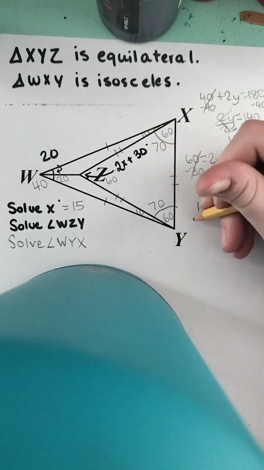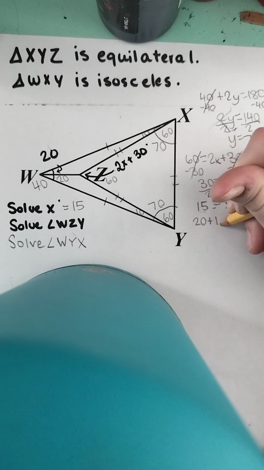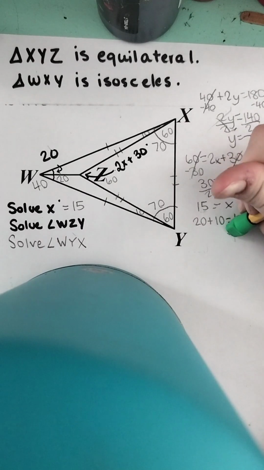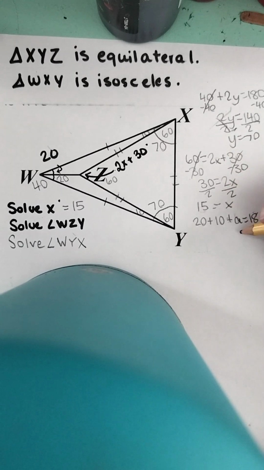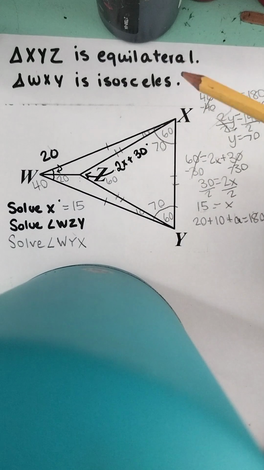So we can put 20 plus 10 plus a equals 180. Again, a is just a random variable standing in for this angle here, z.